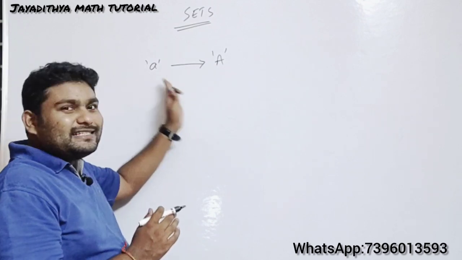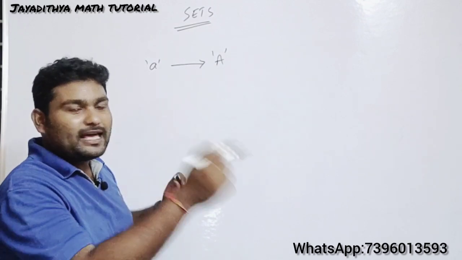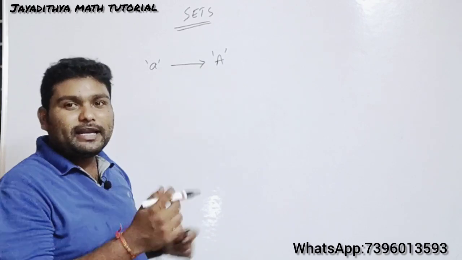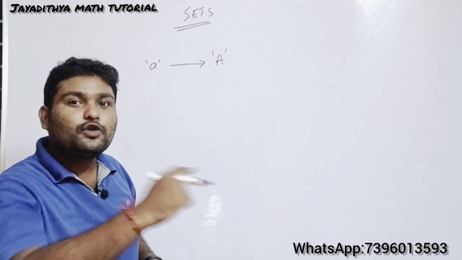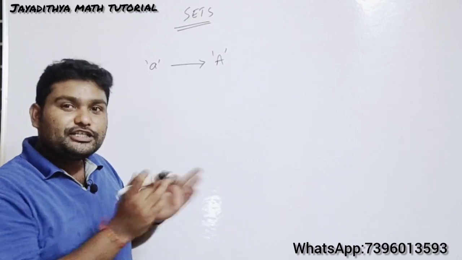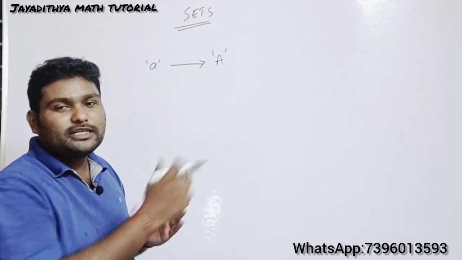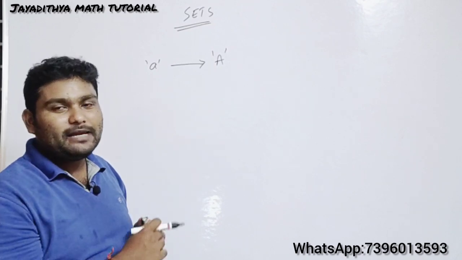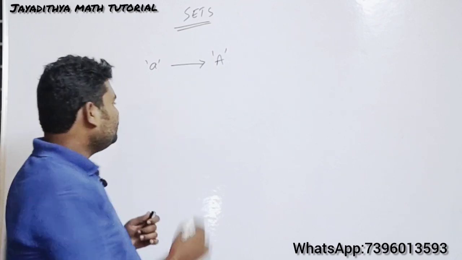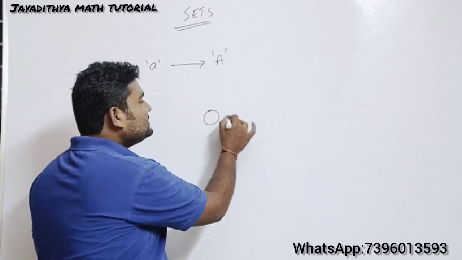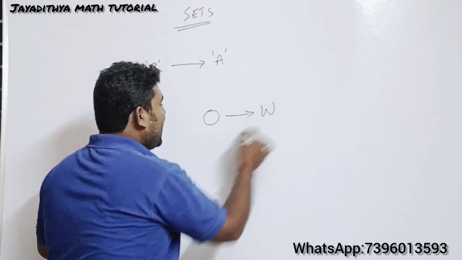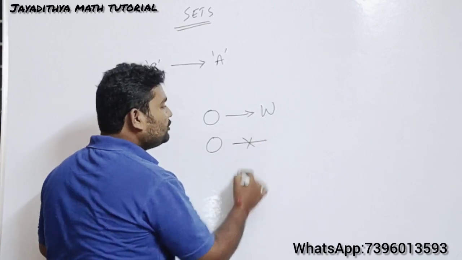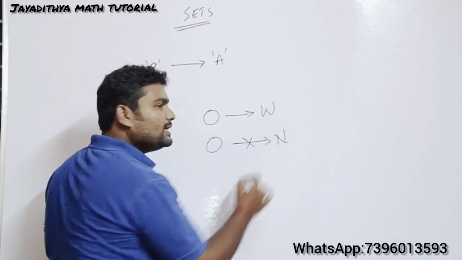So a is an element of set A in the sense a belongs to set A, right? For example, 1 belongs to natural numbers. 1 is an element of the set of natural numbers. 0 is an element of the set of whole numbers, but it is not an element of the set of natural numbers. So you can easily understand: 0 is an element of the set of whole numbers and 0 is not an element of the set of natural numbers.